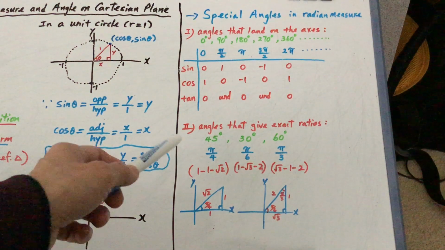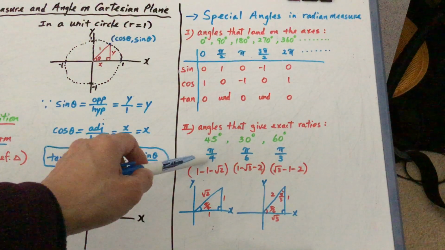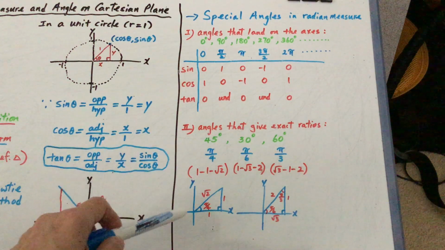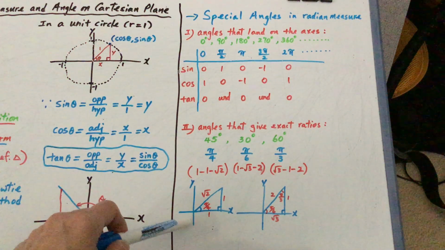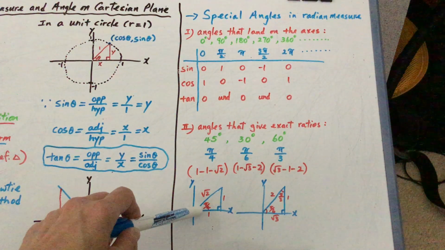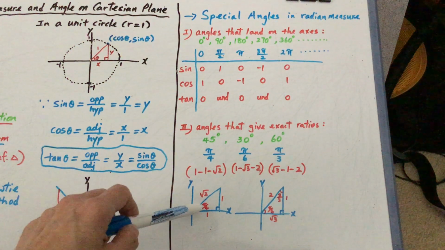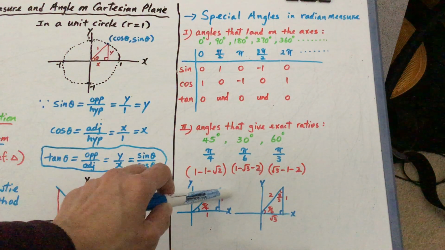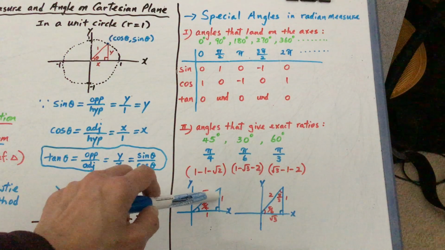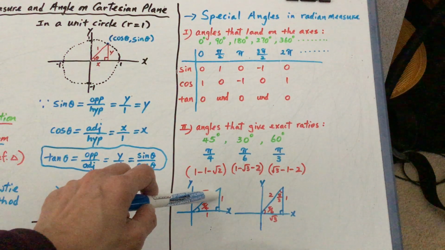The special ratio that deals with pi over 4, the 45 degree angle, is 1, 1, root 2, okay? I want you to look at this diagram here. If this is the 45 degree angle right here, the opposite side of the 45 is 1, okay? And because this is a 90, the remaining angle must also be a 45.